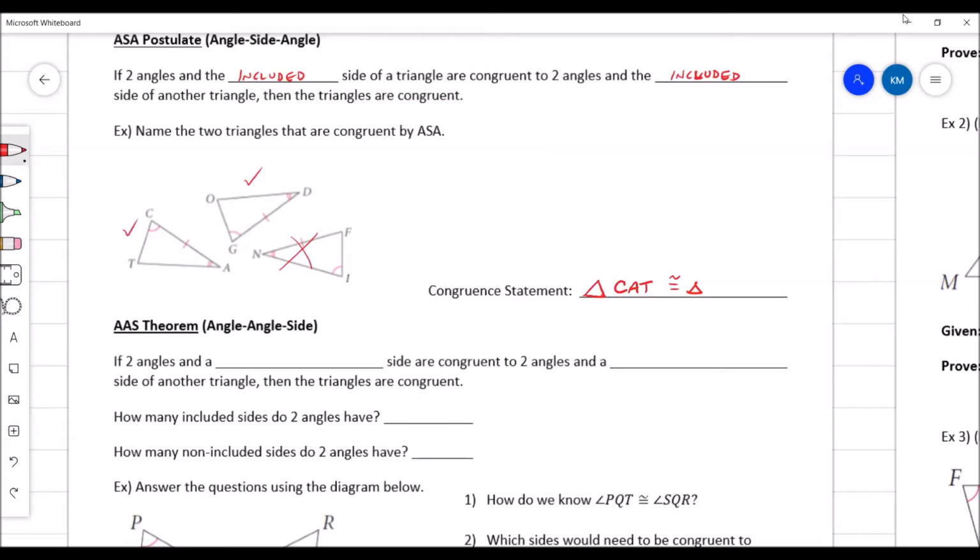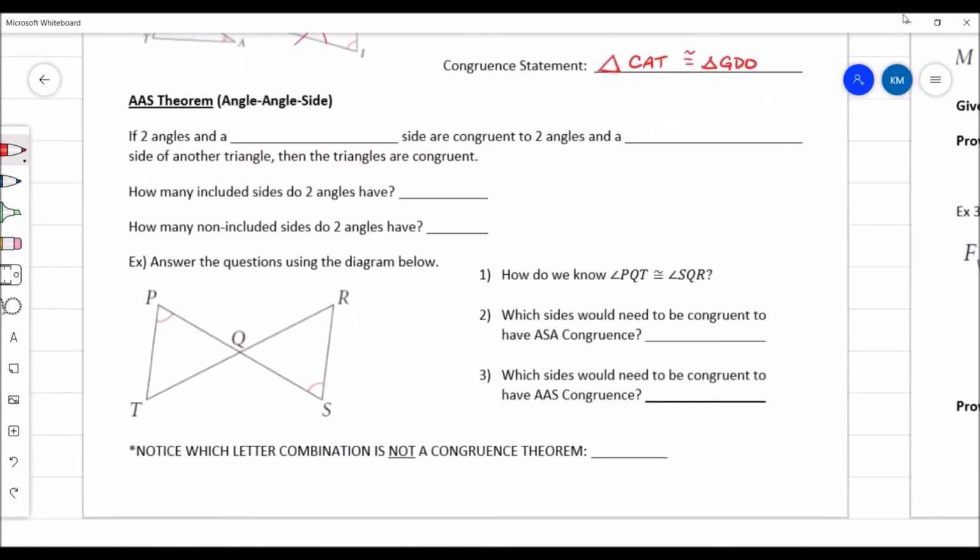But we need to go one arc, two arcs, no arcs. That's how we named the first one. So GDO. So yeah, not as cool as CAT is congruent to DOG, but it is mathematically correct.